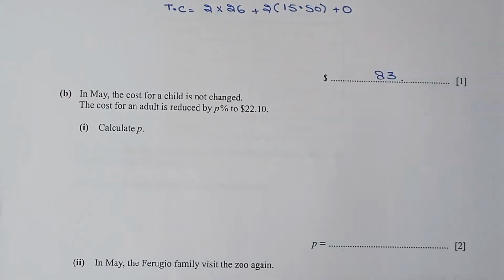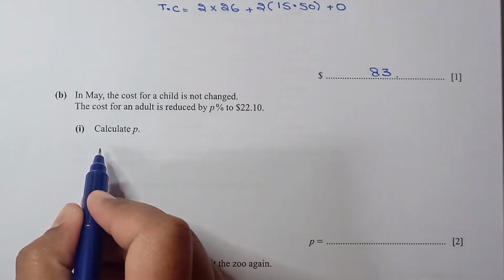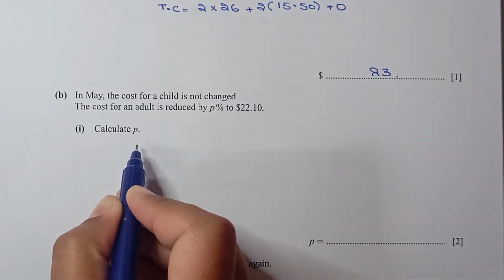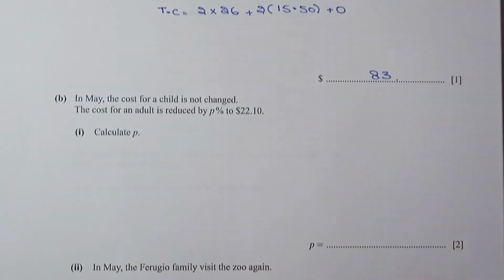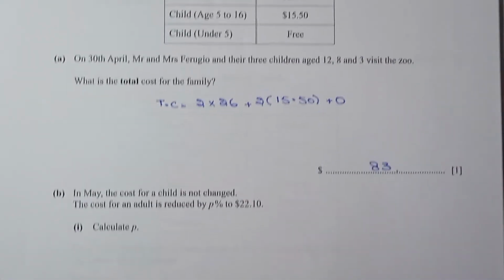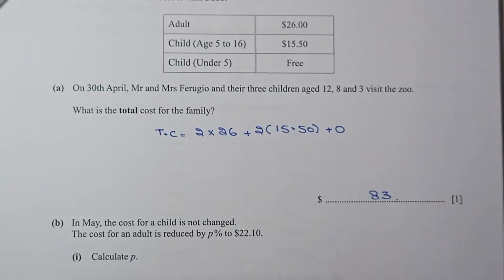Now for the B part, in May, the cost for a child is not changed. The cost for an adult is reduced by P% to $22.10. In the first part, we need to calculate the value for P. Since the cost is reduced, before, the adult cost is $26 and now it is reduced to 22.10.